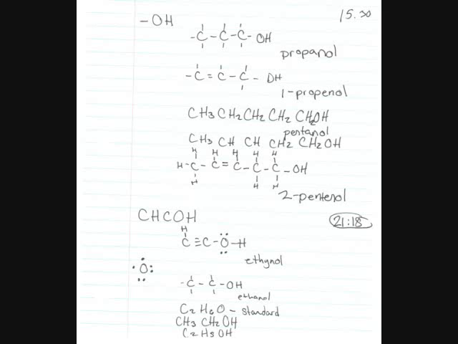Let's draw the structure. That's the formula. So, first carbon's got one hydrogen off of it. There's a second carbon that has an OH off of it. So now, what's going on then between the two carbons? Triple bond.